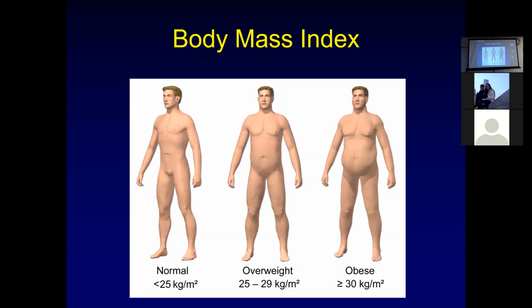Having excess adipose tissue here in your sort of lower abdominal region is the most dangerous place to have. That is the location that is associated with the most number of poor health consequences, okay?